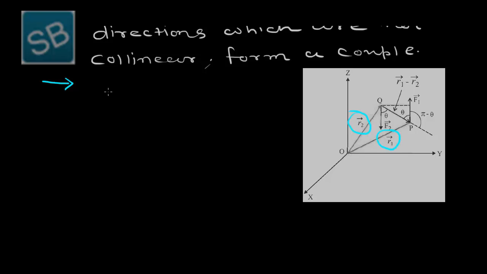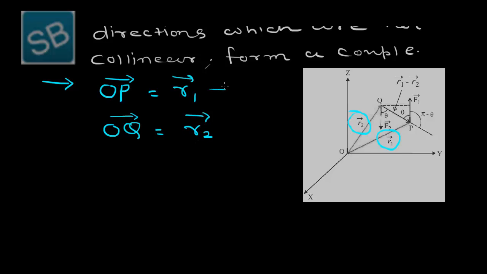With the reference point O, the vector OP is the position vector of particle P, that means R1, and the vector OQ is the position vector R2. And these are related to the particles P and Q. The force acting on particle P is F1, and on particle Q the force acting is F2.